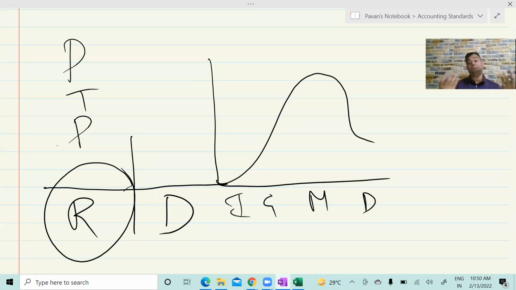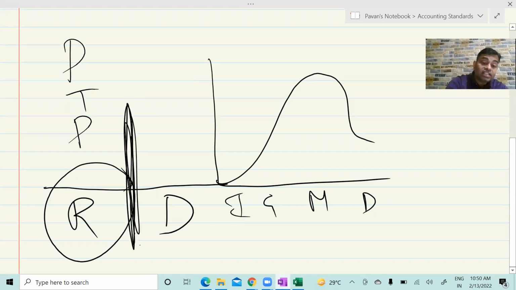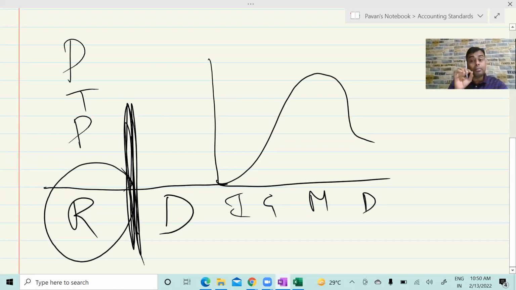Will it be successful? I don't know. This is the point of time where your research is successful. That certainty comes after research only.